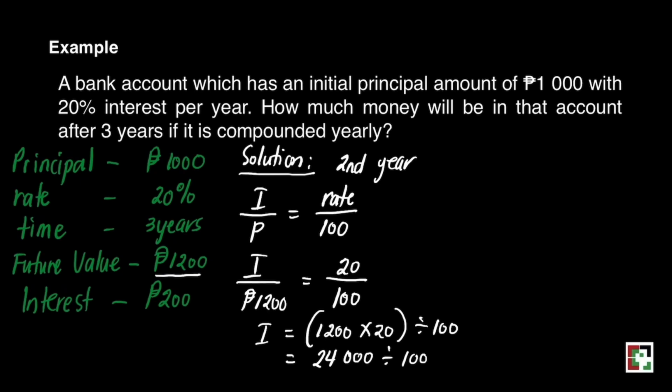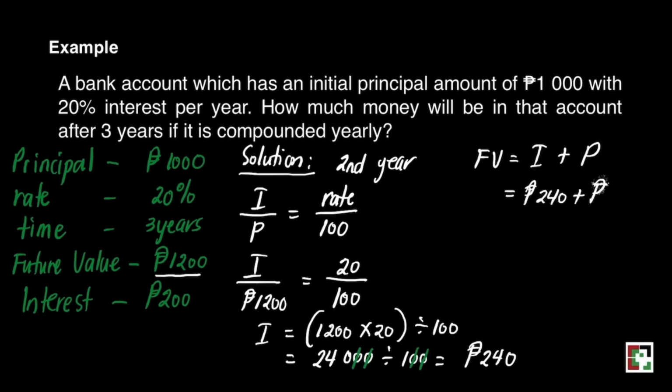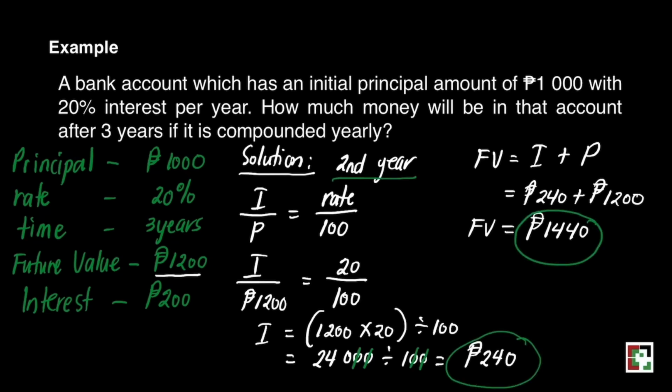That's 24,000 divided by 100, and we get 240 pesos for the second year of the compound interest. For the future value, that's interest plus principal. That's 240 pesos plus 1200, and that will give us a future value of 1440 pesos for the second year.